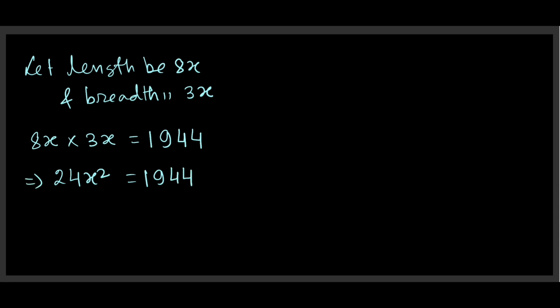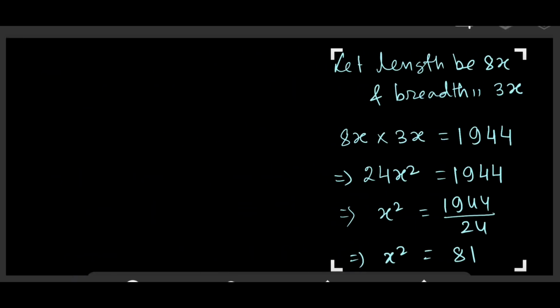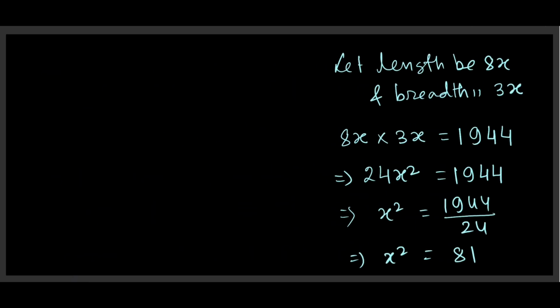So x square is equal to 1944 divided by 24, and which is 81. x square equal to 81. So x equal to root over 81, and we take the positive value of x. So it is x equal to 9.